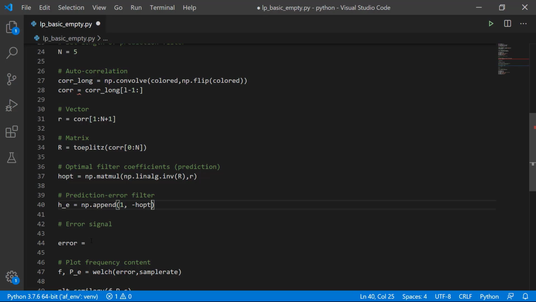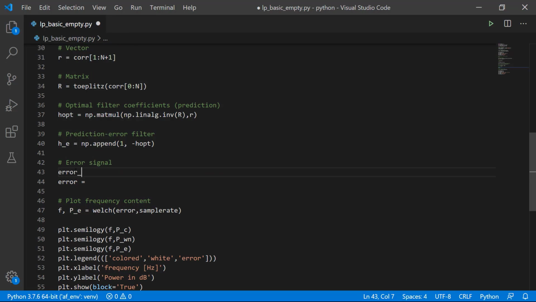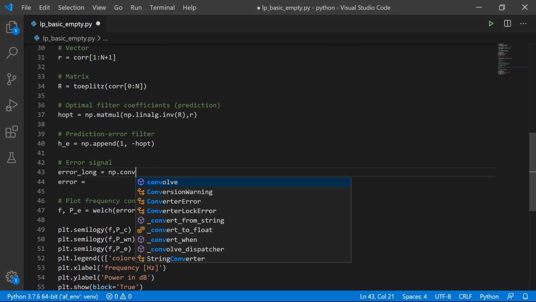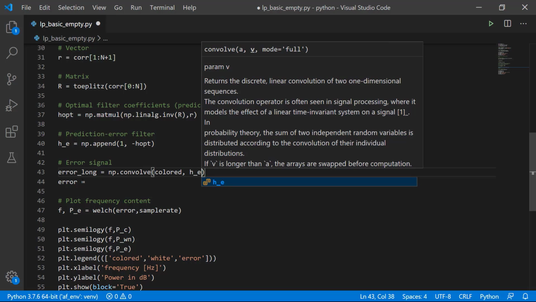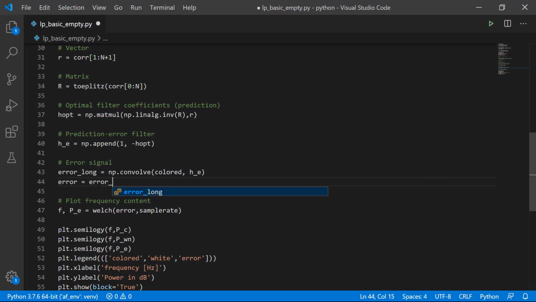And this prediction error filter we can apply to our colored signal. We use the convolve function again, so we convolve colored with HE. And of course here we want to take only the first L values, because remember the convolution output is always longer than the length of one individual input.